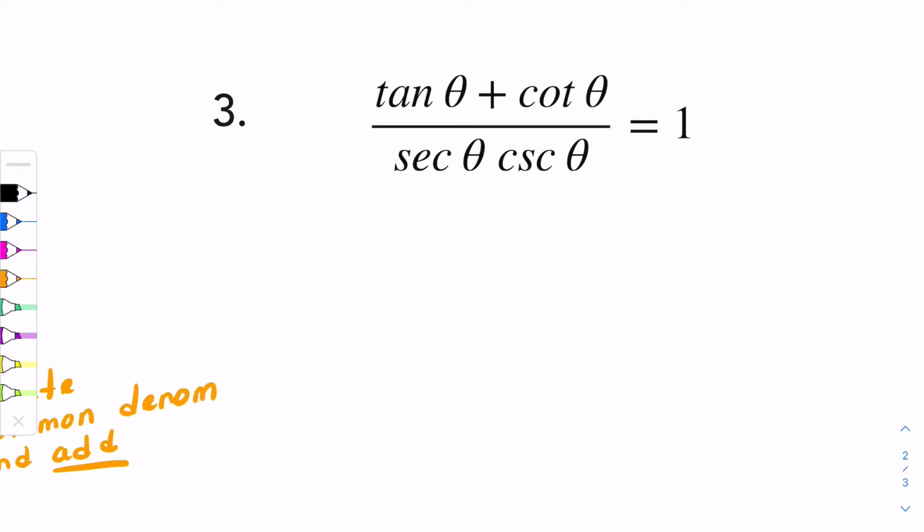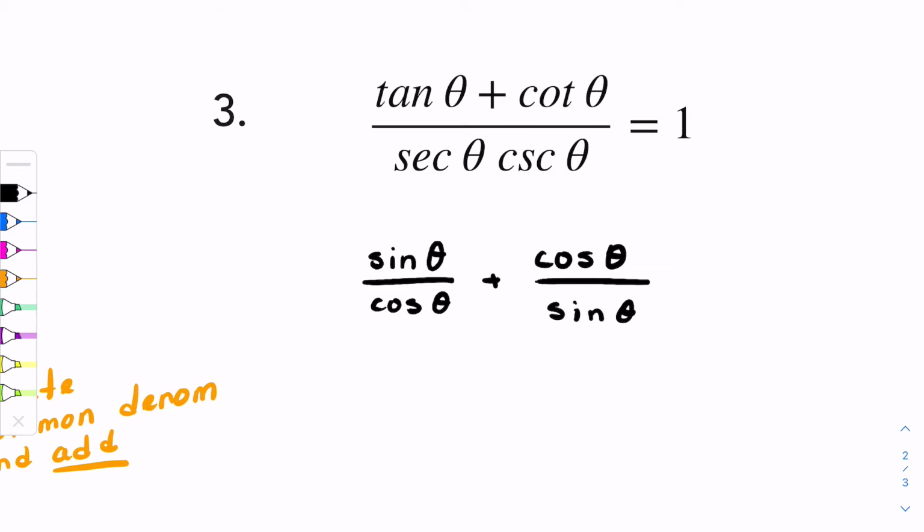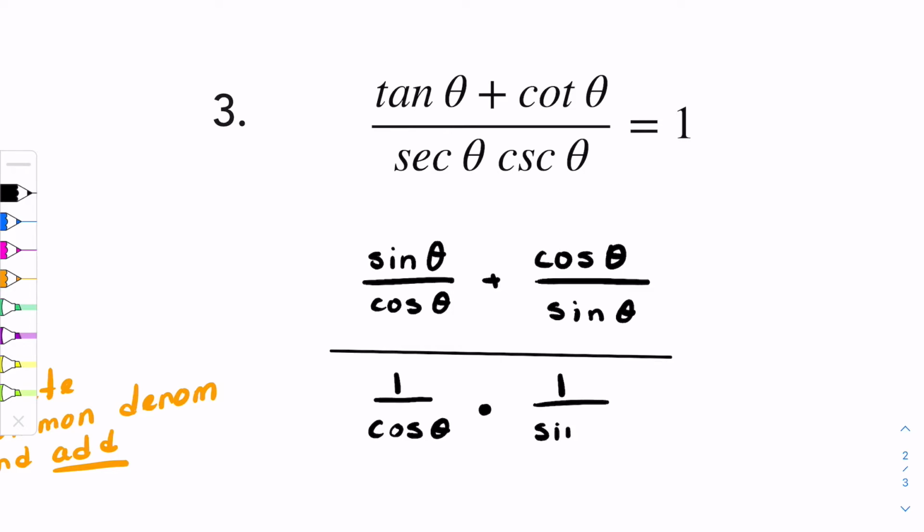Tangent is going to convert to sine divided by cosine. Cotangent converts to cosine divided by sine. This is all divided by secant, which converts to 1 over cosine, multiplied by cosecant, which is 1 over sine.